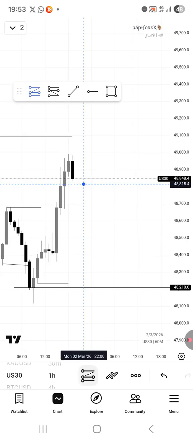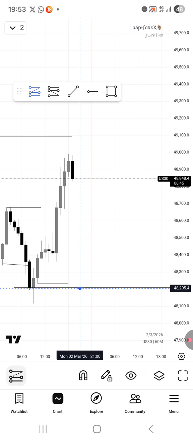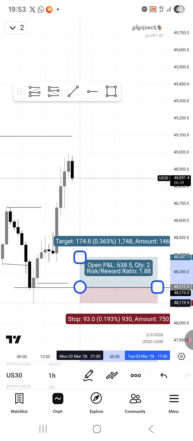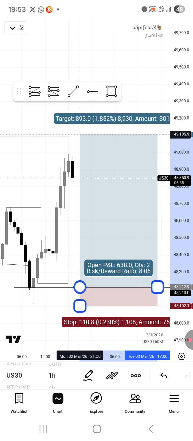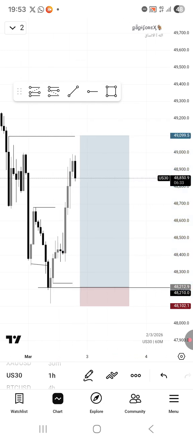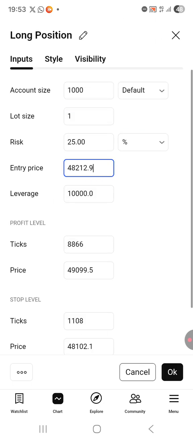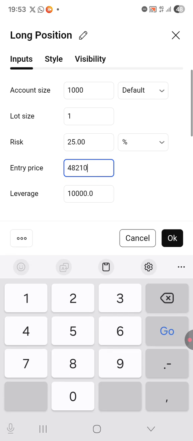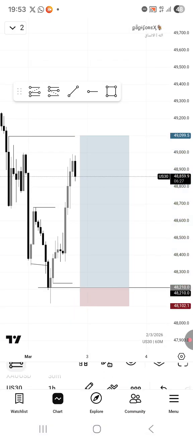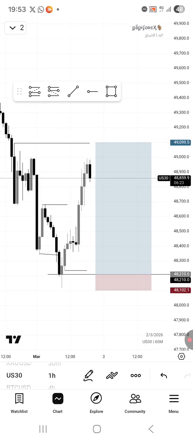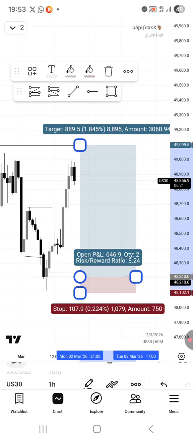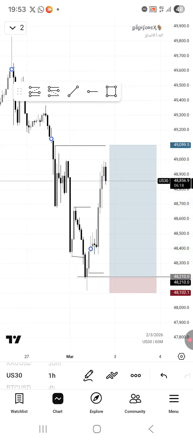I'll be taking my buys from this area. Stop loss will be below this area, and I'll be targeting 8R. So that would be my entry points on US 30.